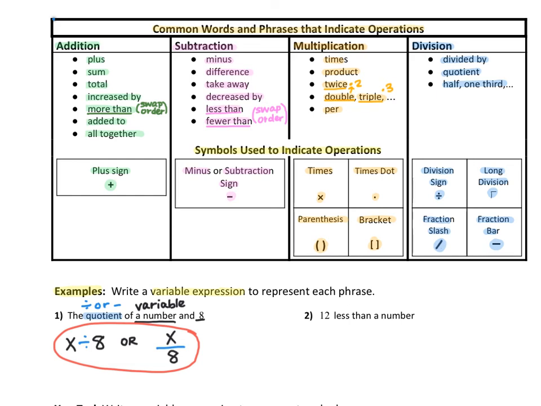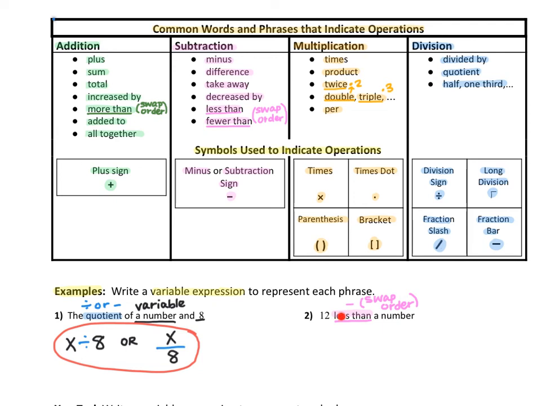Now let's move on to example 2 by reading it. It says 12 less than a number. So again, we're going to reread the problem by highlighting one of the keywords that tell us to either add, subtract, multiply, or divide. The keyword in this phrase is less than, which means subtract.